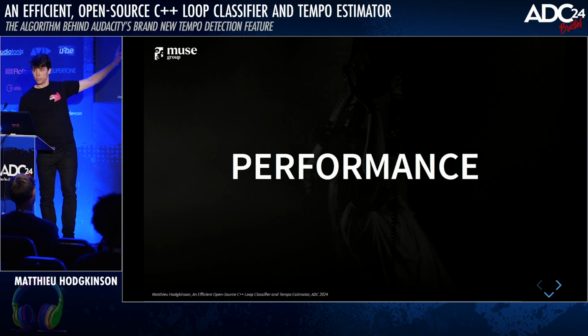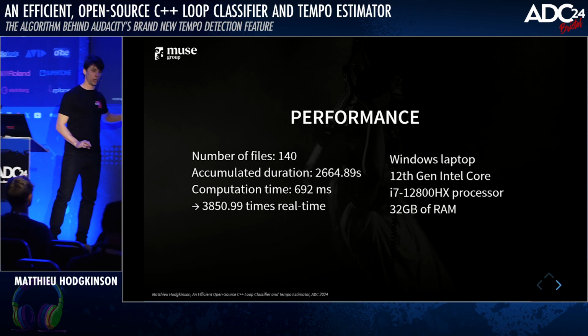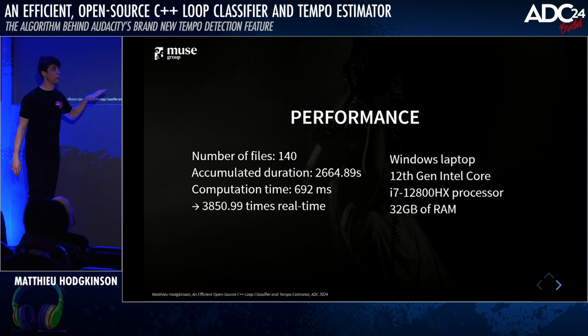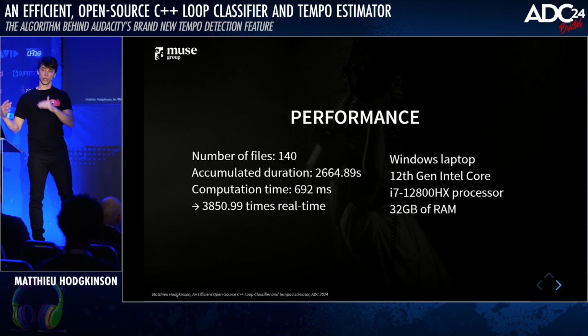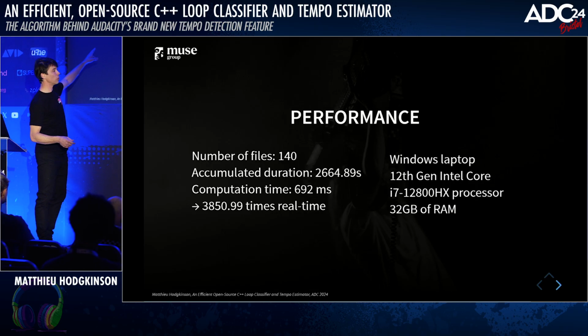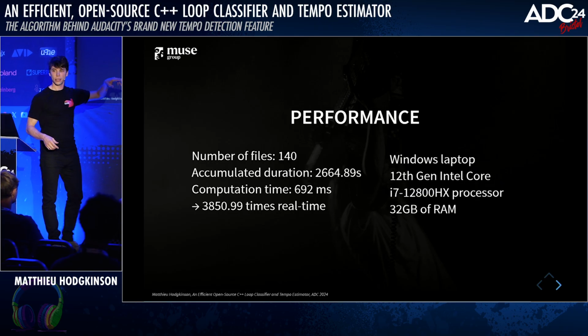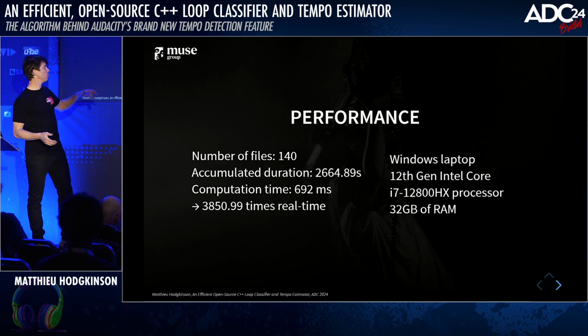A little bit of time on performance. That was also one of the claims in my abstract, that it was really performant. There is a target in the repo, a command line application, that is going to download all the files from the data set, if they are not already on your computer, and run the algorithm on all of them.